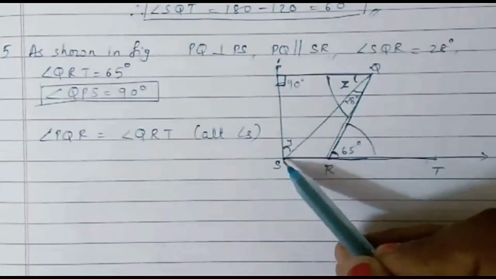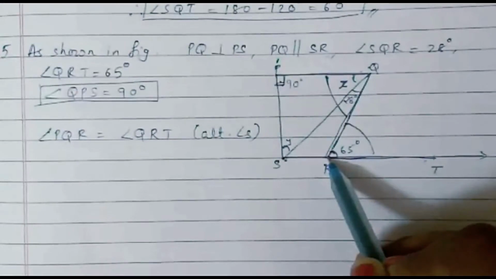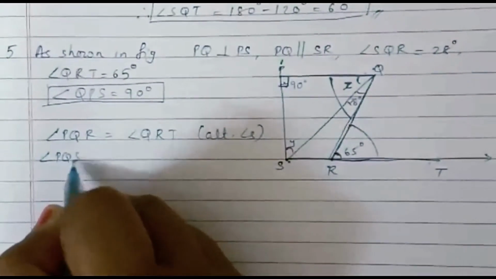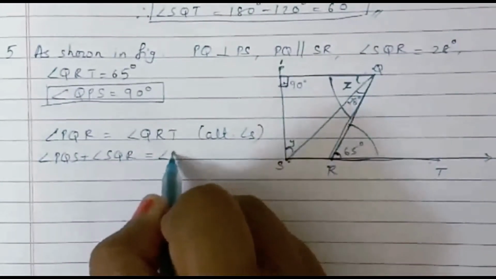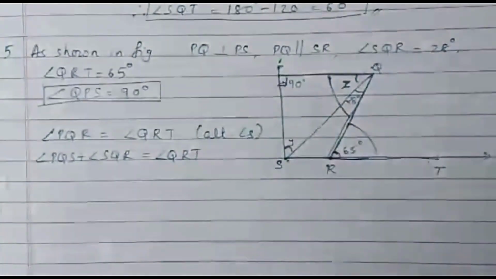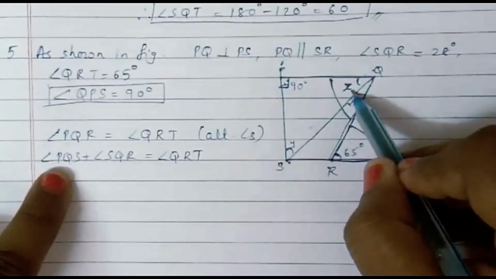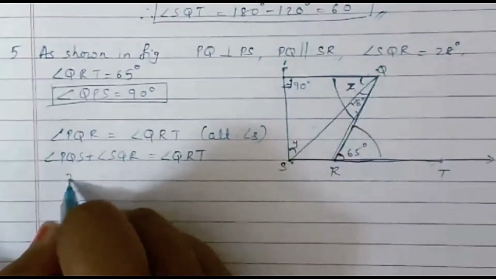Now one more thing, here we have S is lying in the interior of angle PQR. So this PQR can be rewritten as angle PQS plus angle SQR, right? Which is equal to right hand side will remain the same, QRT. Now this PQS means X and SQR means 28 degree. So it's given in the data.